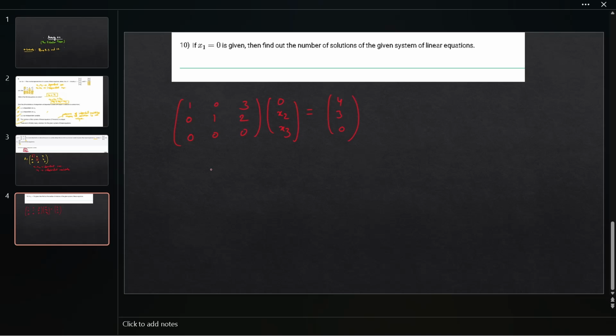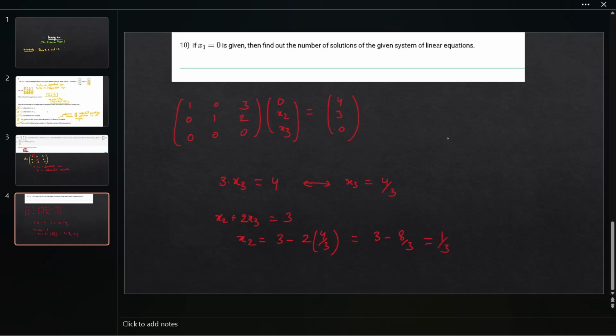From row 1 we can write the equation 0 times x1 plus 0 times x2 plus 3 times x3 is equal to 4. So from here we get the value of x3 as 4 by 3. Now from row 2 we can write the equation x2 plus 2x3 equal to 3. So from here we have the value of x2 as 3 minus 2 times x3, which is 3 minus 8 by 3, which is equal to 1 by 3.